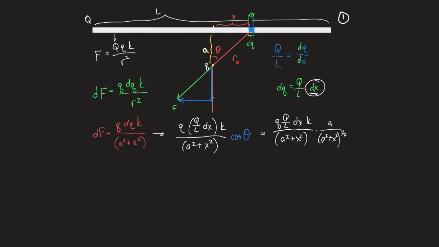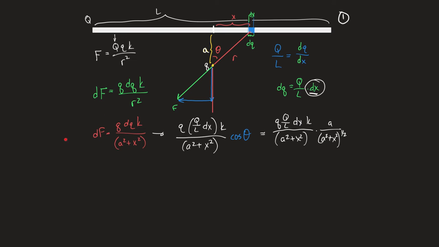We found some variables that we could use to point to where that object or where that piece was. And we started to identify how we could express the amount of force from just that piece.